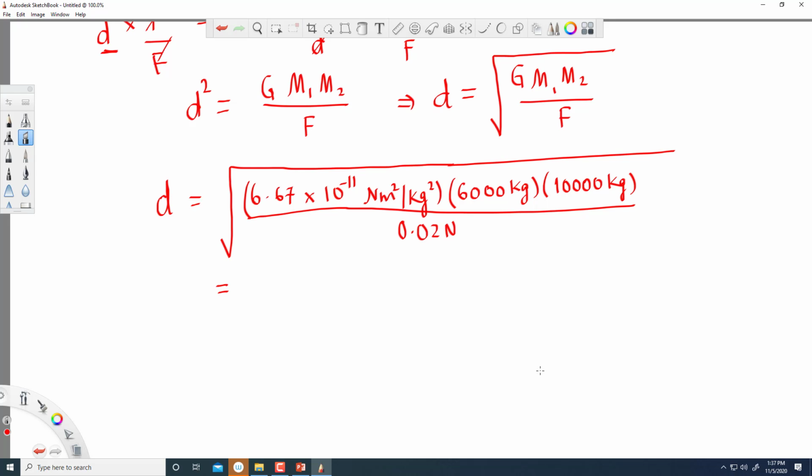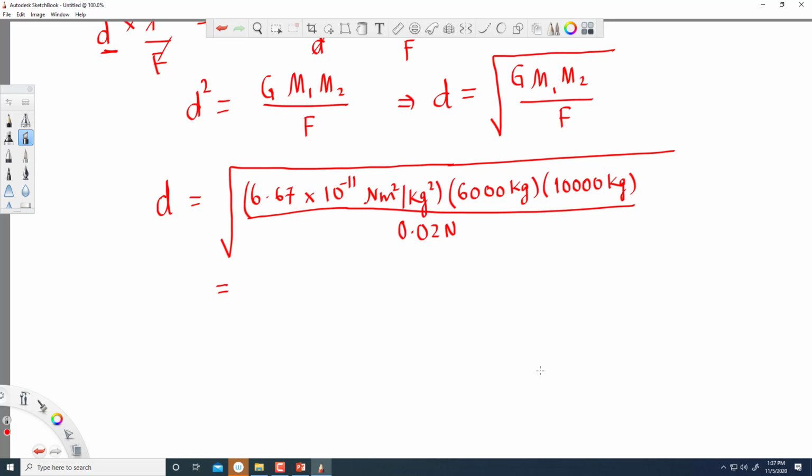Now you punch in the first number, 6.67, times. Where is 10 to? Okay, if you have this one, then you don't have to do that times, so you can delete that.